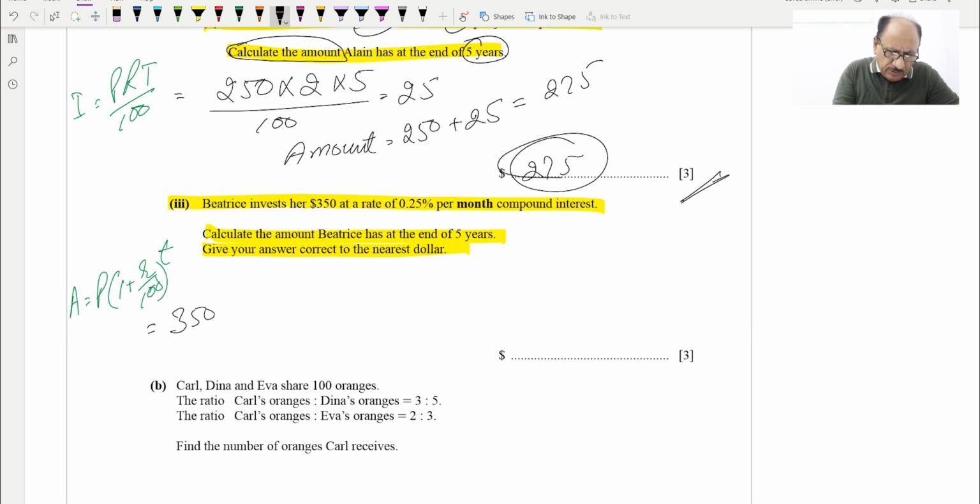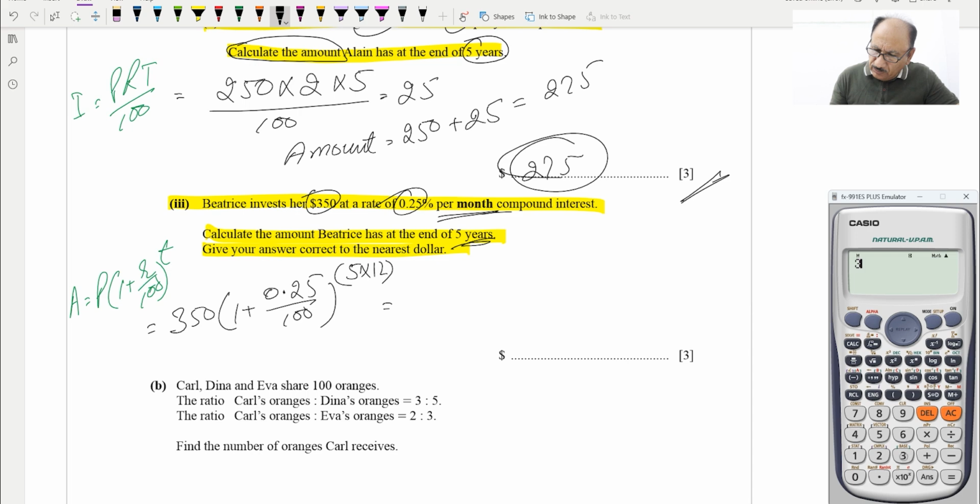The principal amount is $350, and 1 plus the rate is 0.25 over 100, and the time duration is per month for 5 years. There are 12 months in a year, so 5 multiplied by 12. So this is how we write it, and we can calculate: 350 into (1 plus 0.25 over 100) to the power 5 multiplied by 12 is equal to 406.565.